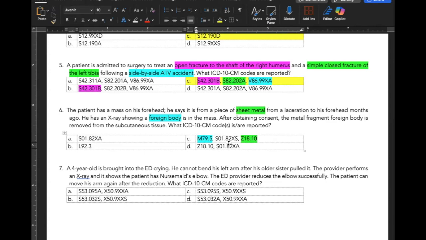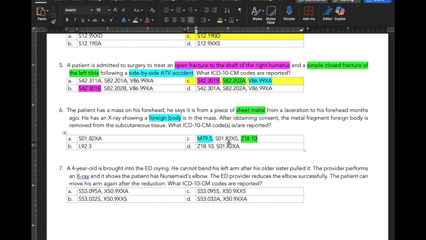Okay. So we'll do laceration. And then where did the laceration happen? The head. Was it the head or the forehead? Forehead. Head. Yep. So we'll do laceration, forehead, and then with foreign body.